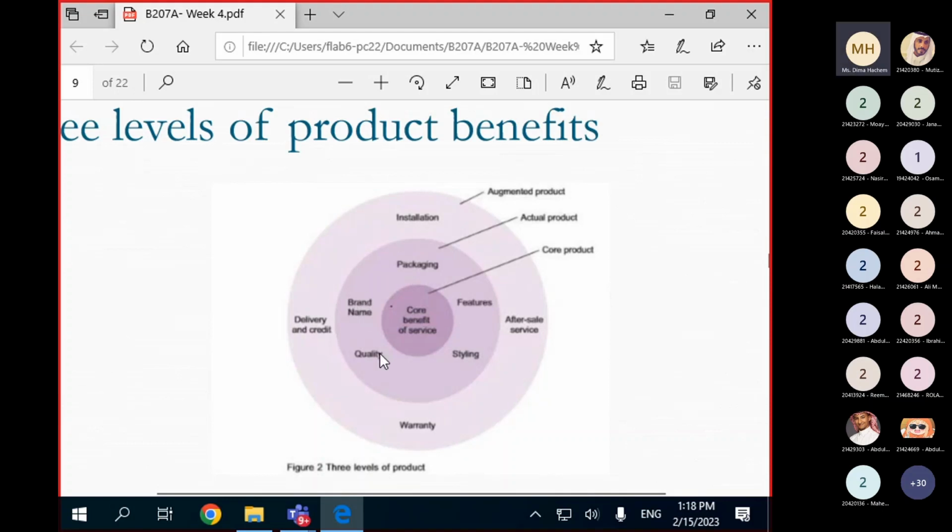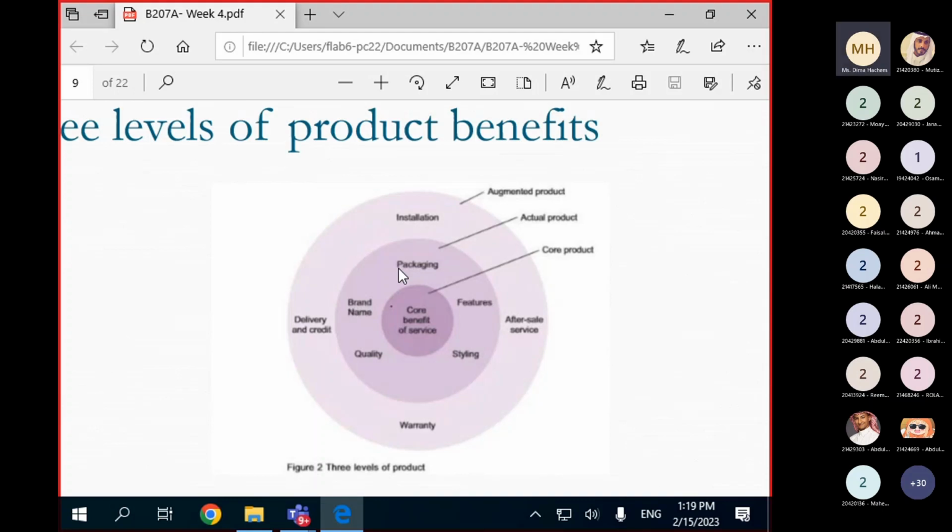This bigger circle here is called the actual product. Actual product contains things like packaging, features, styling, quality, and brand name. All right? Now, the color of my phone and the style are extra features that are not really needed for me to make the main usage of the phone.